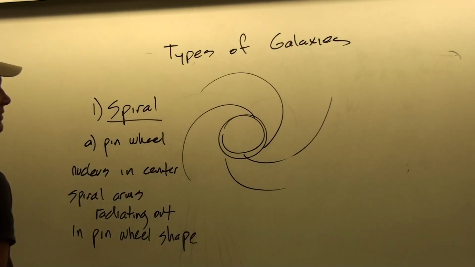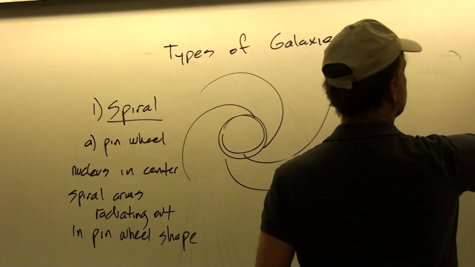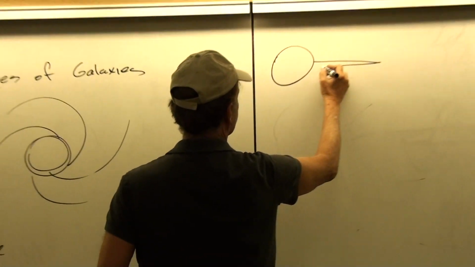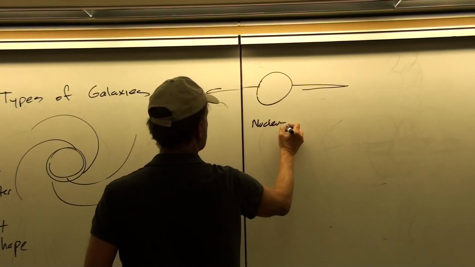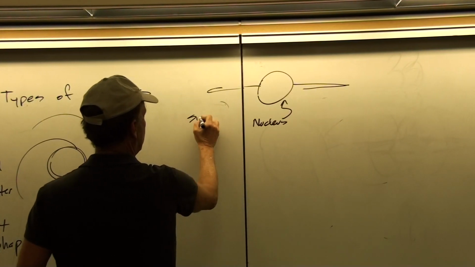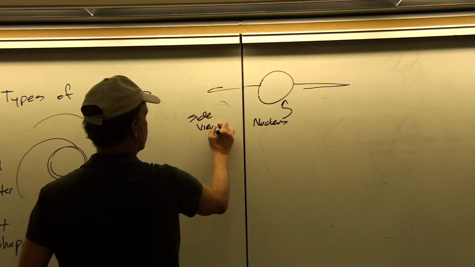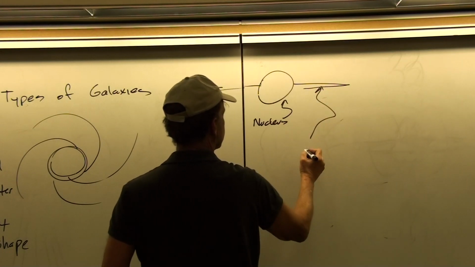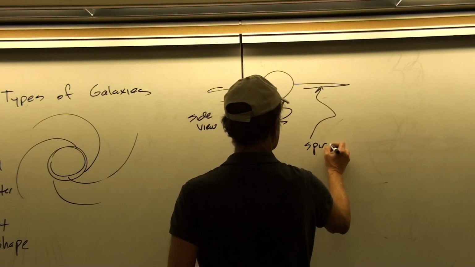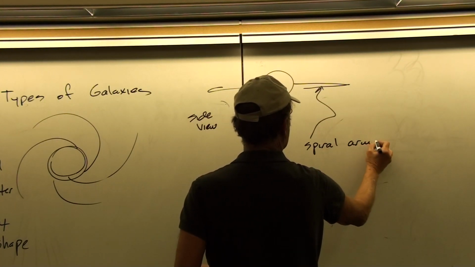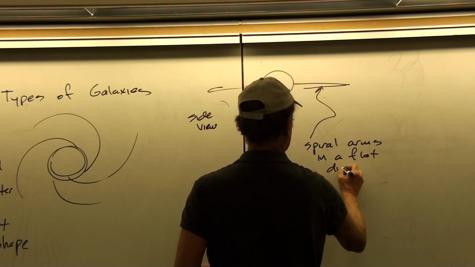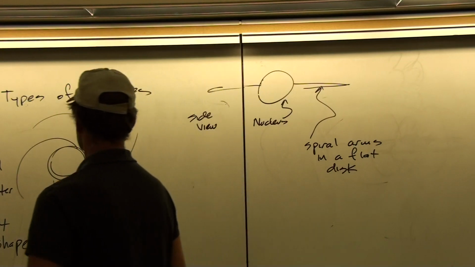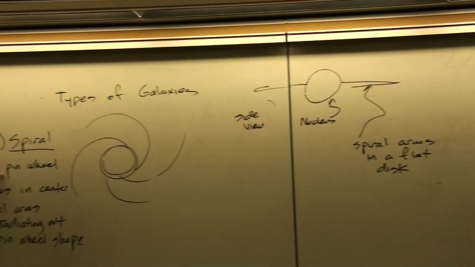And if we look at it from a side view, we see a flat disk that the spiral arms are in. So here's the nucleus from a side view. And here are the spiral arms in a flat disk. Okay, so this is our pinwheel spiral.